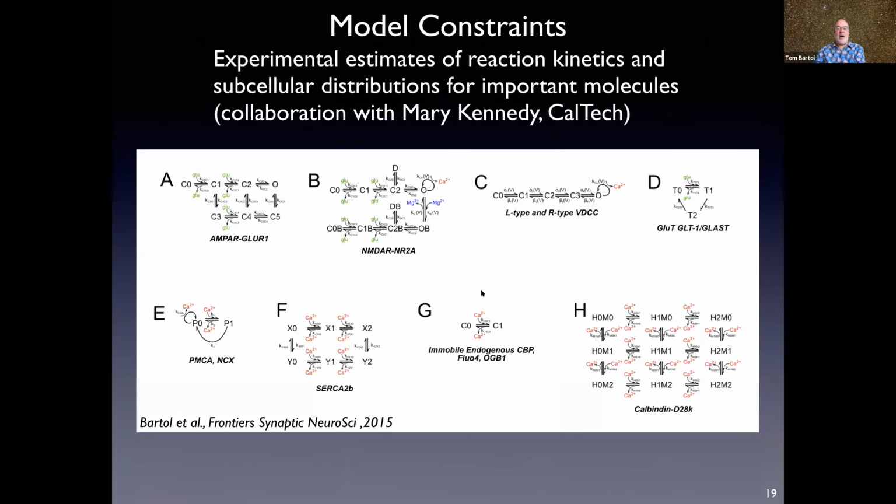And so all those molecules are implemented in MCell as Markov chain reaction pathways, in which we have ligand-gated ion channels like the AMPA receptor, and voltage-gated channels such as the NMDA receptor, whose gating is controlled by glutamate and whose calcium conductance is voltage dependent because of magnesium block.